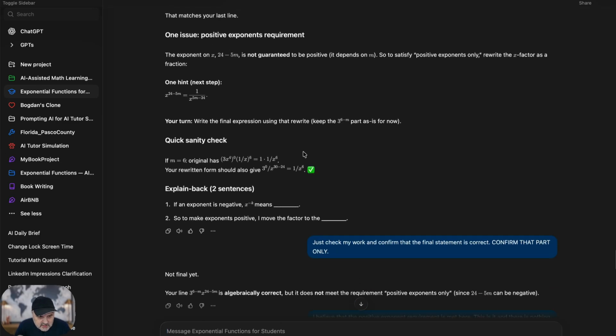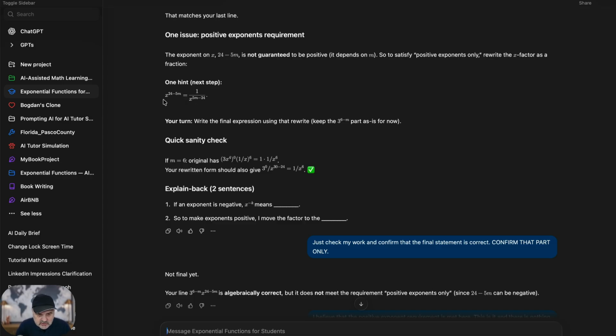Instead of 24 minus 5m, the AI, the way it was trained, is convinced that when the exponent is 24 minus 5m, I'm breaking the rule of positive exponents, which in my mind I don't, because I understand that.